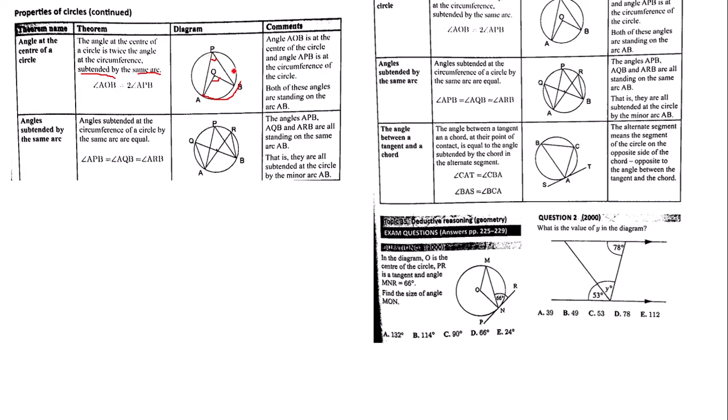So let's say if angle P is 20 degrees, then what will be the size of angle AOB? Well, it will be 2 times 20 degrees, so it will be 40.